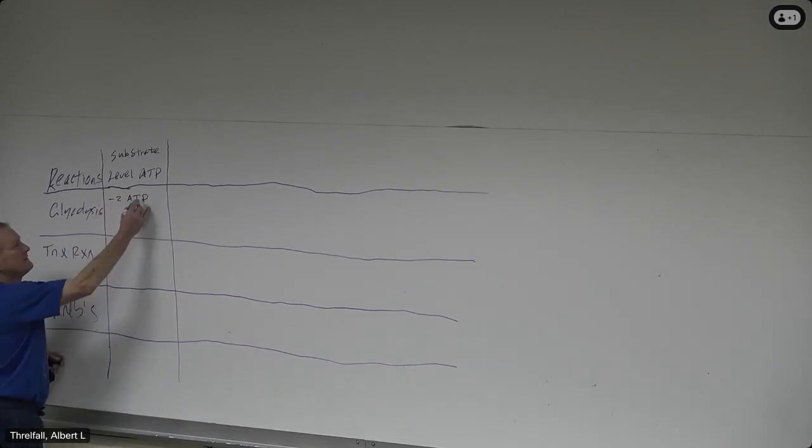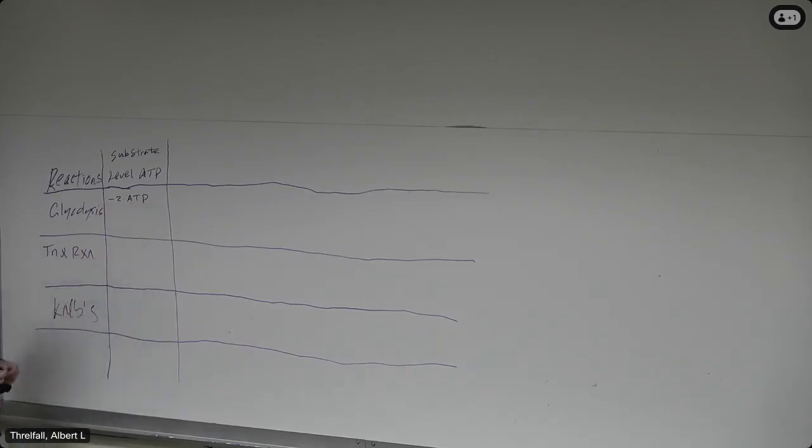All right. What else do you see in glycolysis in the substrate level world? Look at your notes, guys. If you don't, you're just going to have to go home and memorize this mess. Look at the very end of glycolysis. What do you see in the substrate level world?